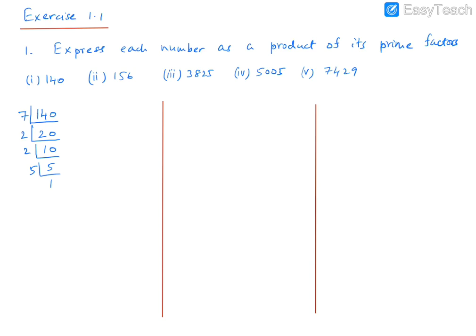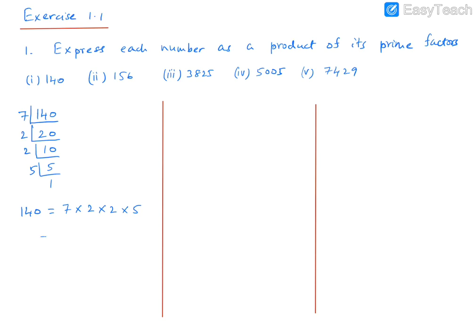So the prime factor representation of 140 is going to be the product of these divisors, which we divided with, and all these are prime numbers. So 140 is 7 into 2 into 2 into 5.